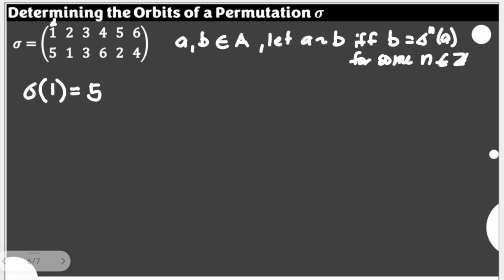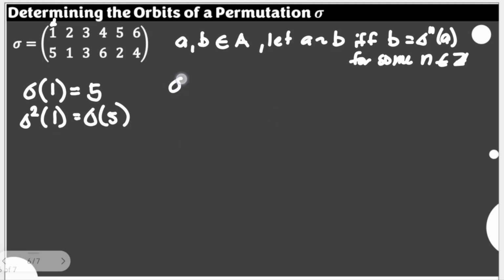But we do not stop there, because we need to do the additional multiplication of our sigma of 1. We are not going to use the sigma of 5, because this will be the process.